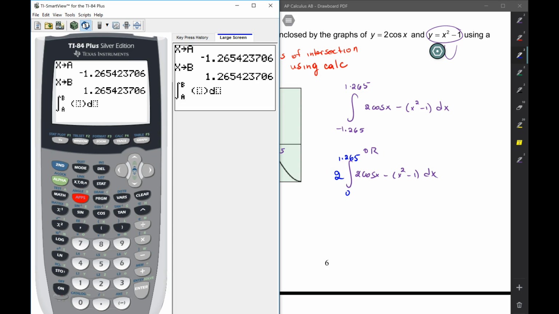And then here we're going to put in 2 cosine x, close parentheses, minus, in another set of parentheses, x squared minus 1, dx.